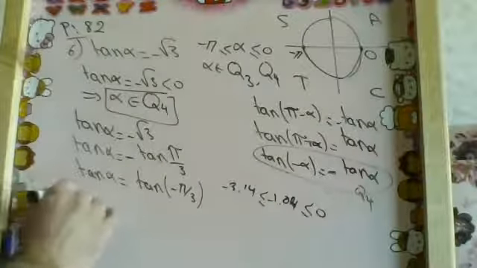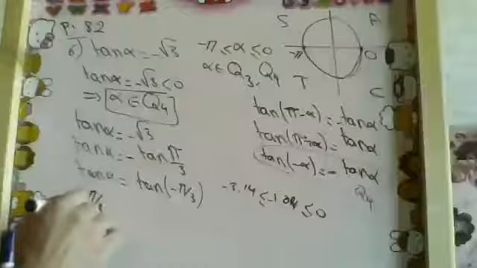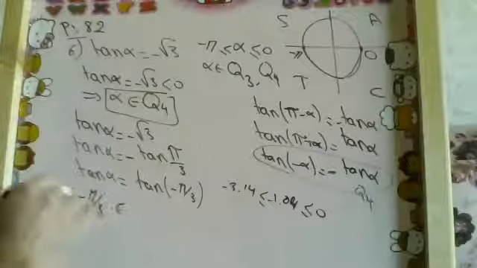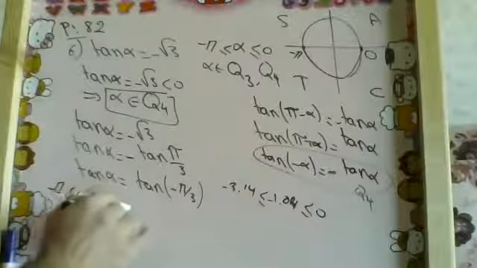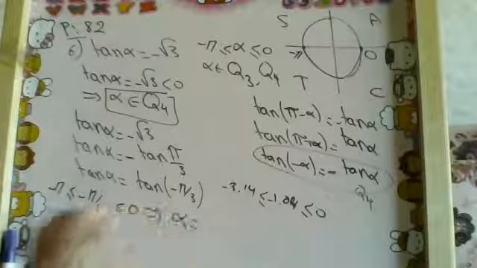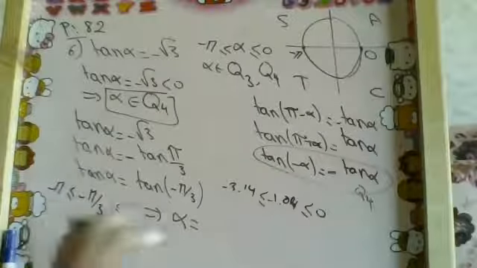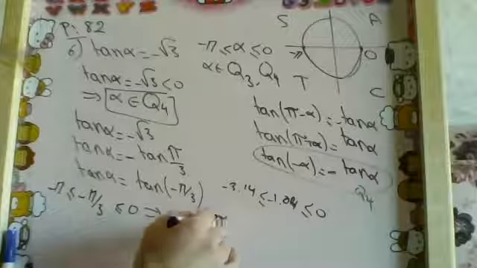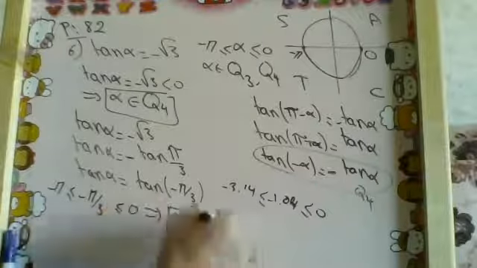So negative pi over 3 is between negative pi and 0, so alpha is negative pi over 3. Thank you so much.